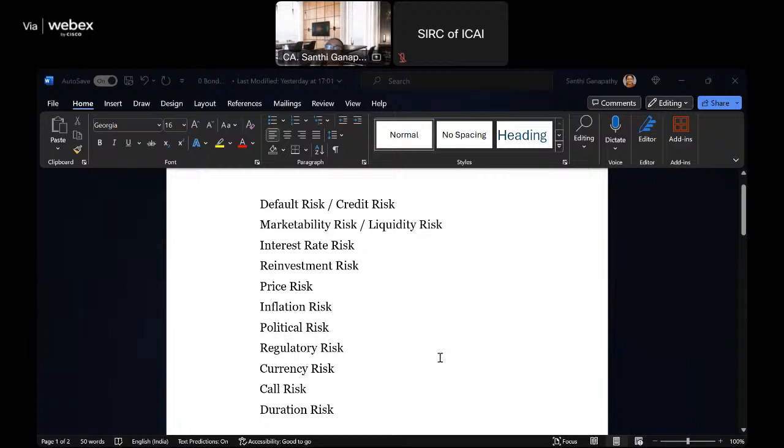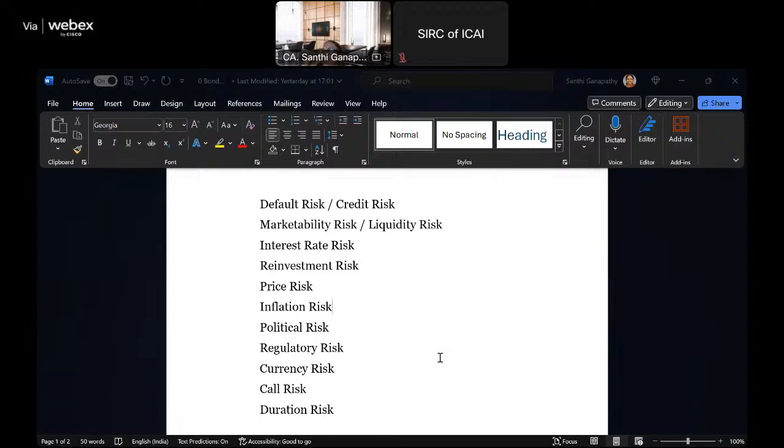Now, is this what we were discussing yesterday? The various risks associated with bonds. First, we considered default risk or credit risk. Both mean the same.